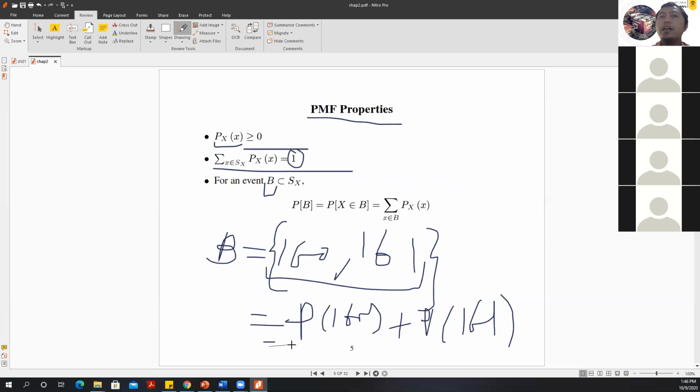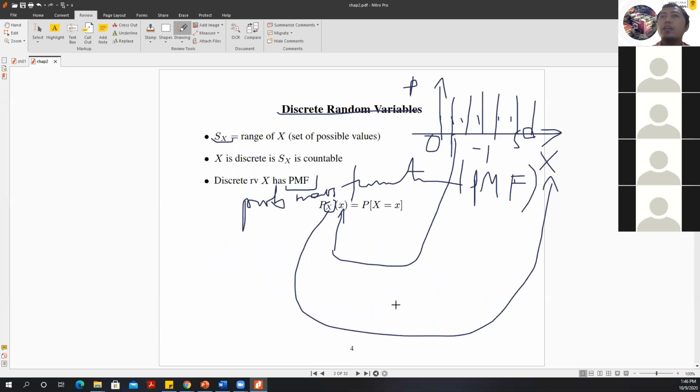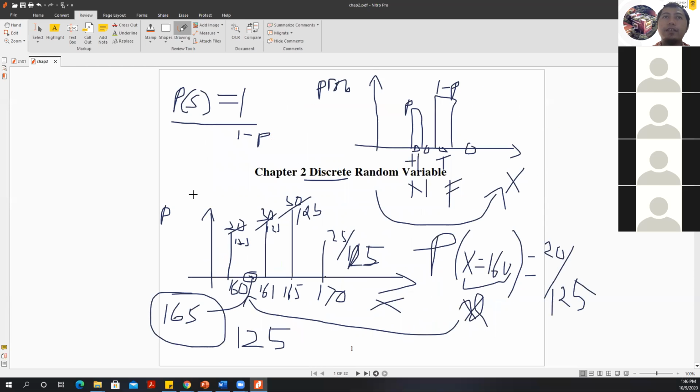You can see here it is 20 by 125 plus 30 by 125. Hopefully it's clear.